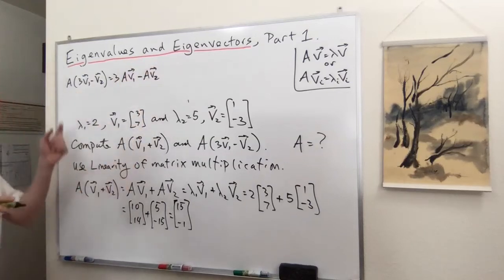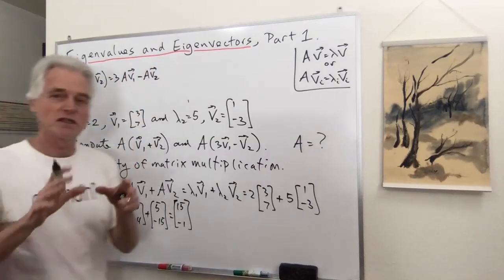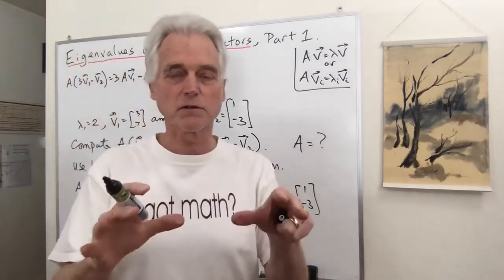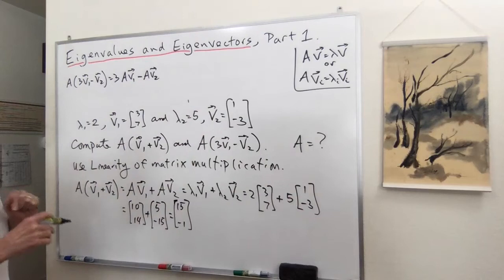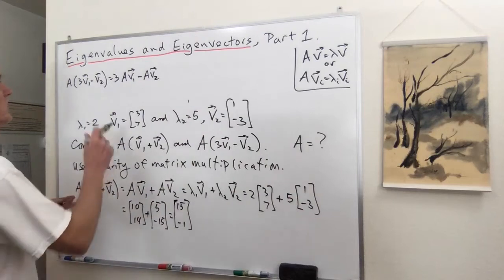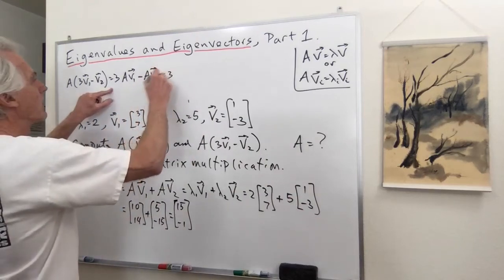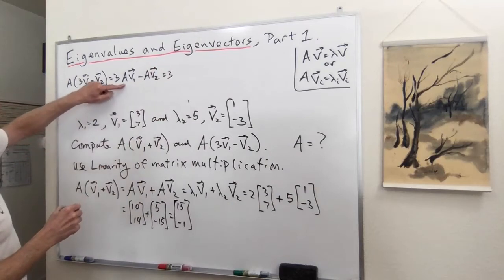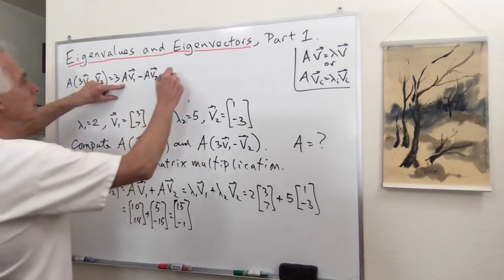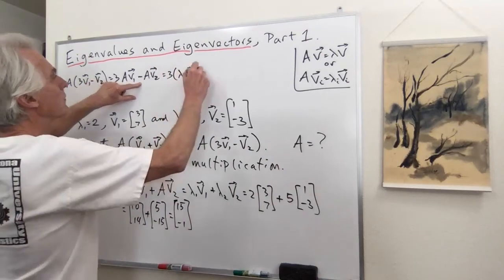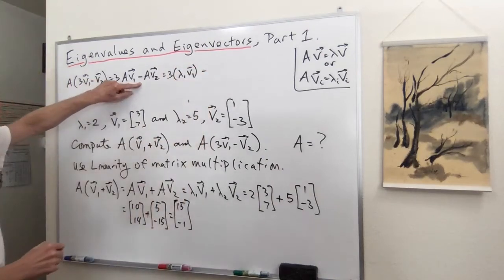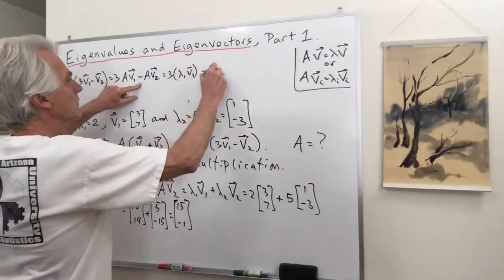Again, using the linearity. A times a linear combination of two vectors is a linear combination of A times those vectors. Okay, so AV1 is lambda 1 V1 minus lambda 2 V2.